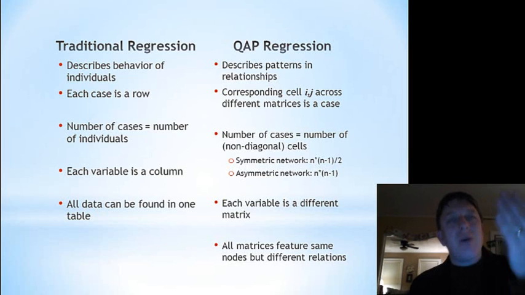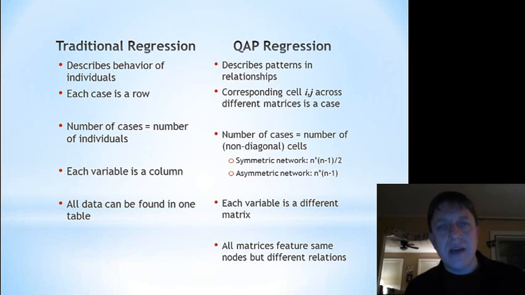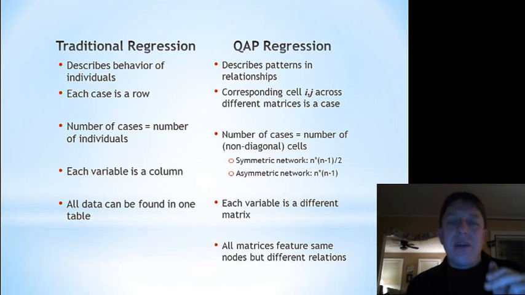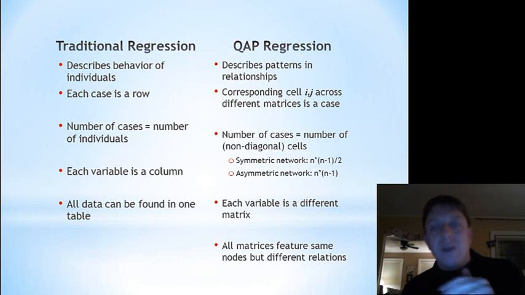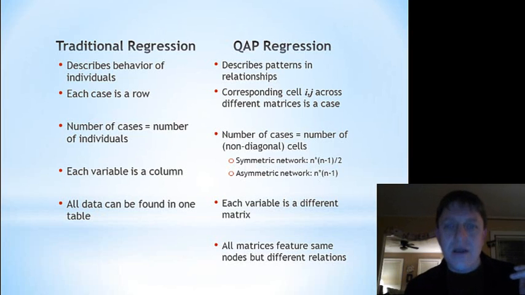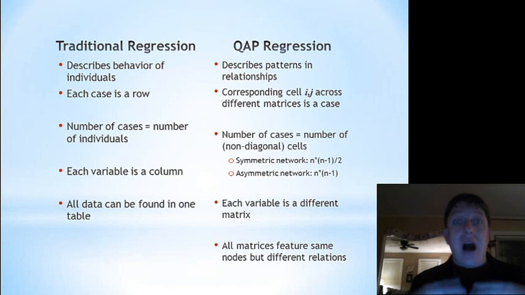That means, going back to your definition of number of possible ties that you used to calculate density, that for a symmetric network, the number of cases is not the number of nodes, n, but it is n times n minus 1 divided by 2, a lot more cases. For asymmetric networks, in which there is no direction, like having lunch with, the number of cases equals n times n minus 1. Still, a whole lot of cases.